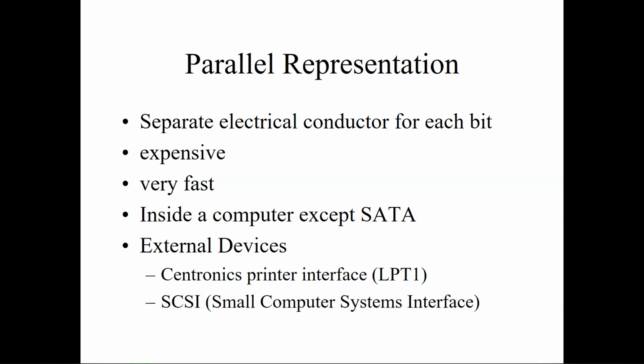This is found inside computers, printer interfaces, and small computer systems interfaces. So if you're talking parallel with this stuff, again, you're just trying to allow for a higher speed to be achieved. But again, it can be very expensive to achieve it.